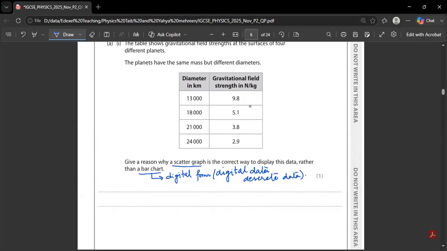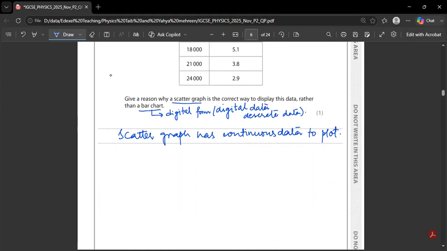But when we have a scatter graph, the scatter graph has continuous data plot. Okay.